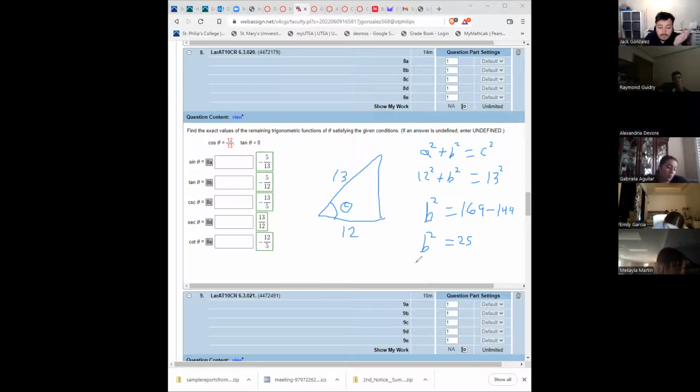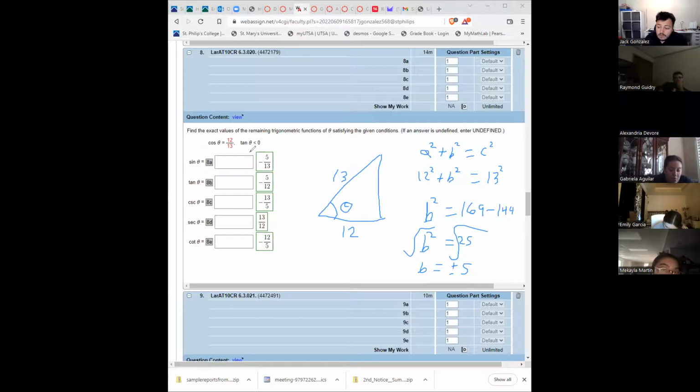So square root both sides, right? This is the part I'm talking about. b is technically supposed to be equal to plus or minus 5. We just haven't been doing that. So you choose the plus or the minus depending on where theta is.